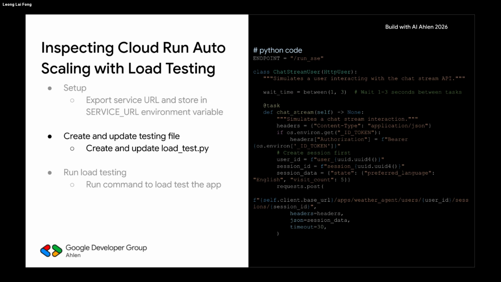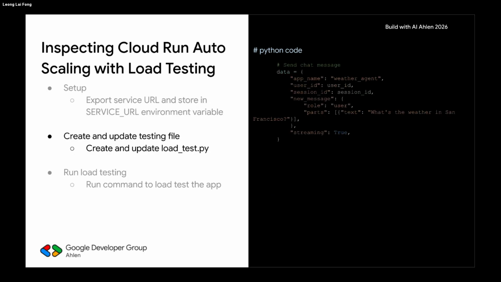This is sending the data message. We are calling the weather agent app, and we have a different user ID and session ID. The text is a different message now.